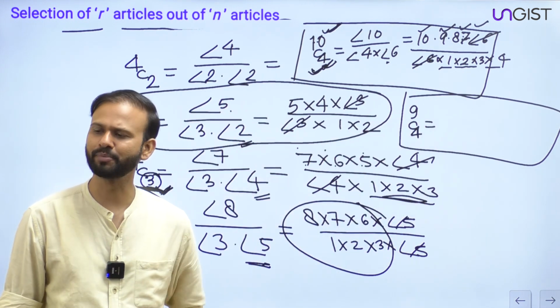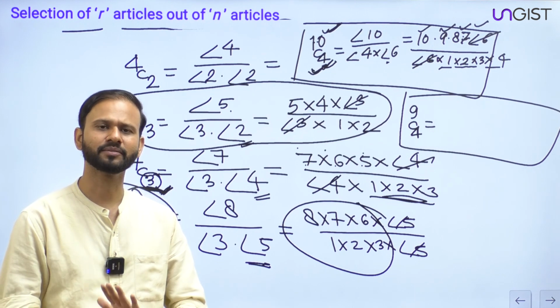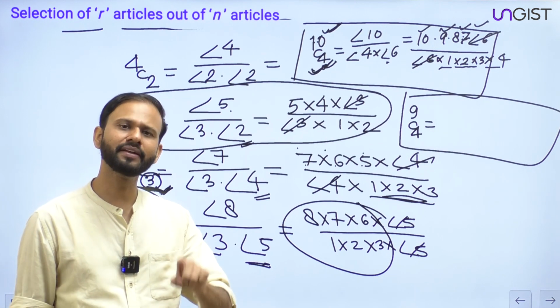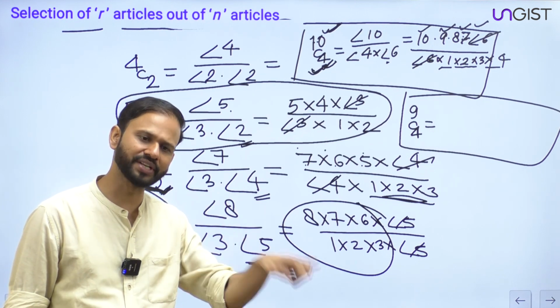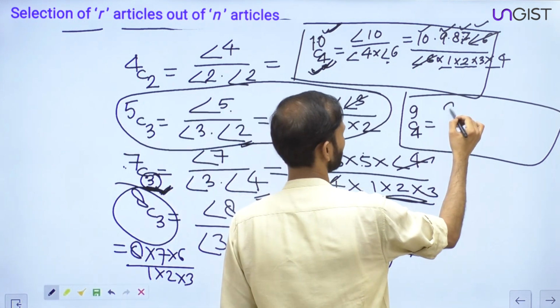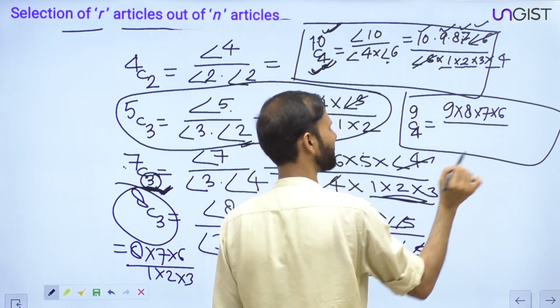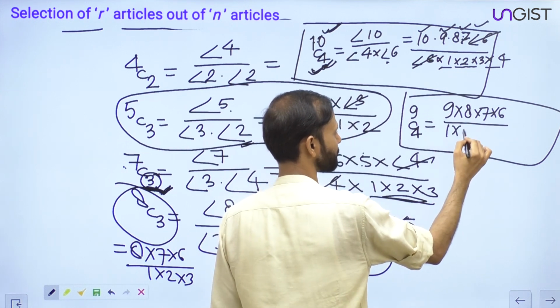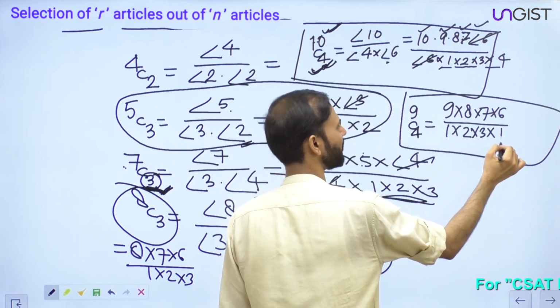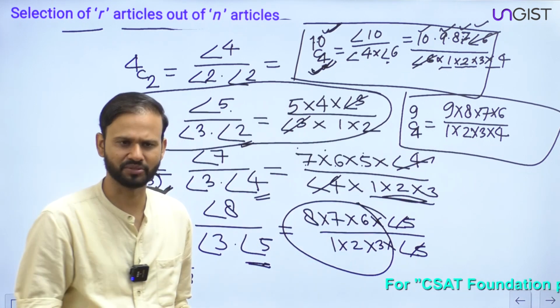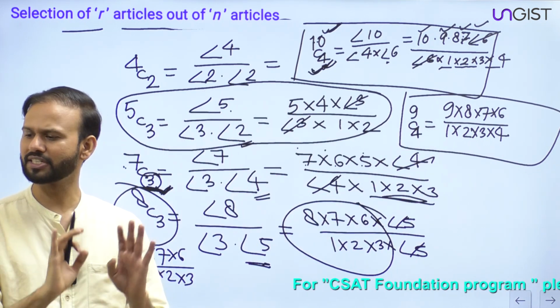Numerator, please speak. 9 into 8 into 7 into 6, right? Very good. What should come into the denominator? This is 1 into 2 into 3 into 4, or you can say 4 into 3 into 2 into 1 also, right? No problem. Guys, it is fine.